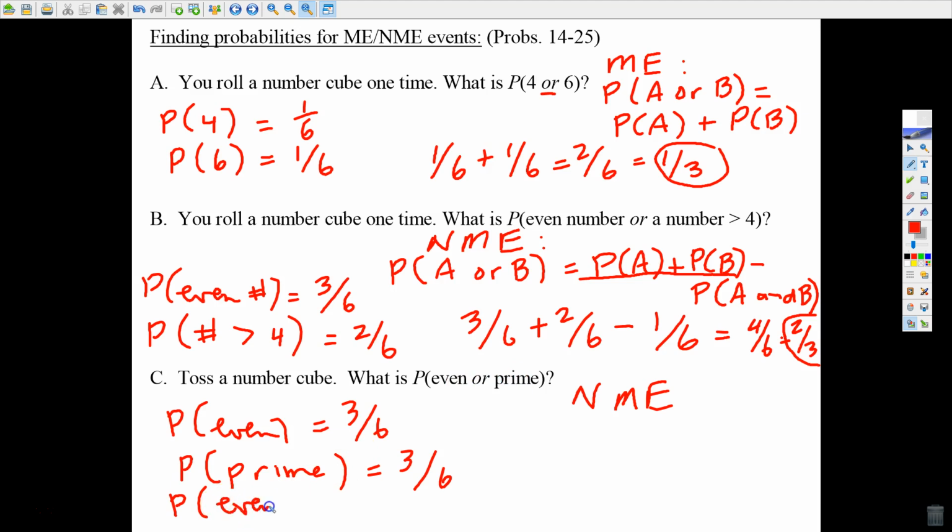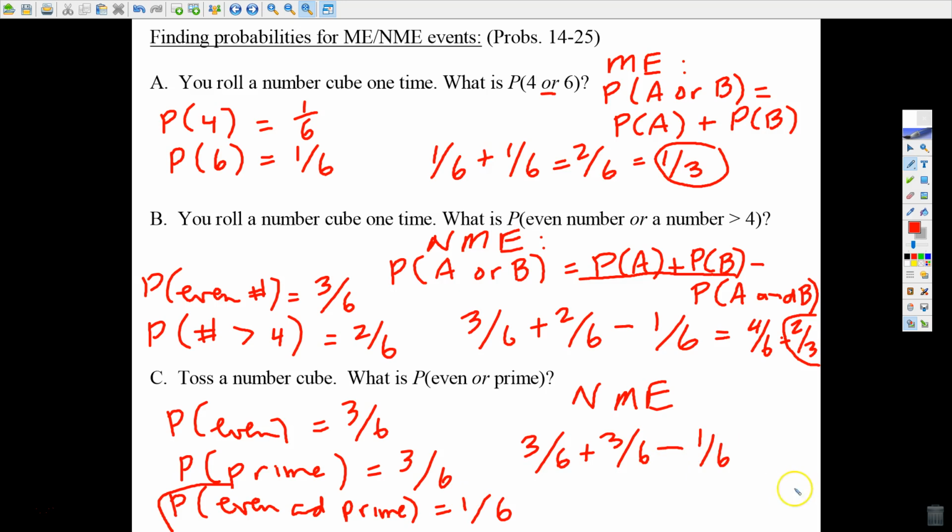So I'm going to say even and prime. So I add these two together, 3 over 6 plus 3 over 6, and then I subtract the one that is both. And I end up with 5 out of 6, and that can't be reduced. And so we're done.